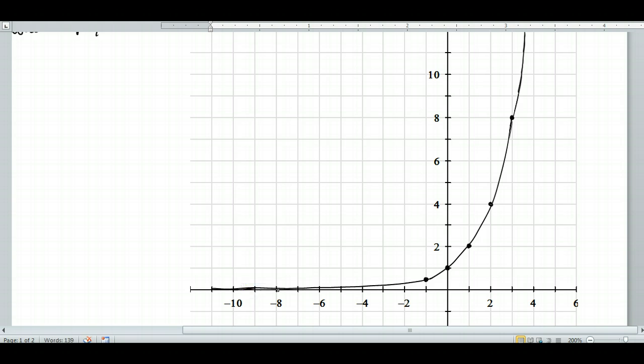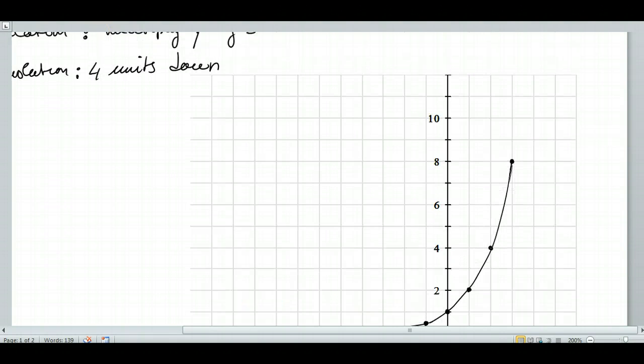You know the x-axis is the asymptote. Of course I don't like this part right here, but the rest is pretty good. The x-axis is the asymptote to the graph. You follow this like that, and here like that. Okay, good enough.